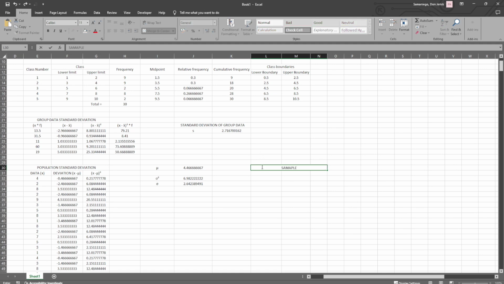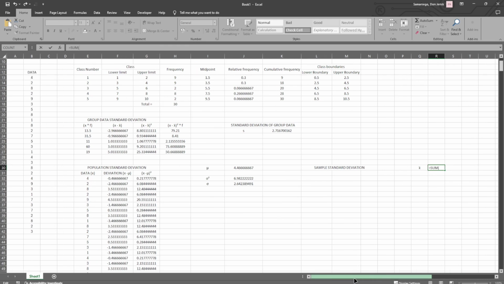First, we need to get the x bar. X bar is equal to the summation of data divided by the total frequency minus 1.